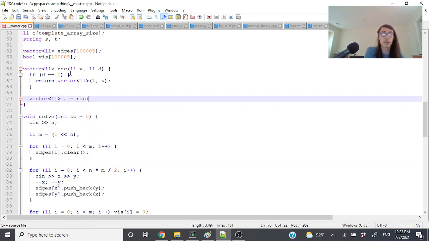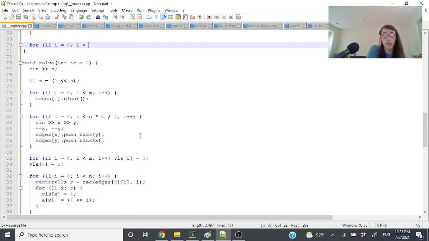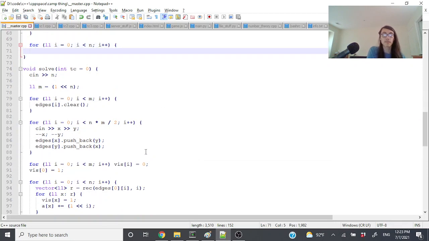A is equal to rec. Otherwise, okay, for I is equal to 0, I is less than n, I plus plus.